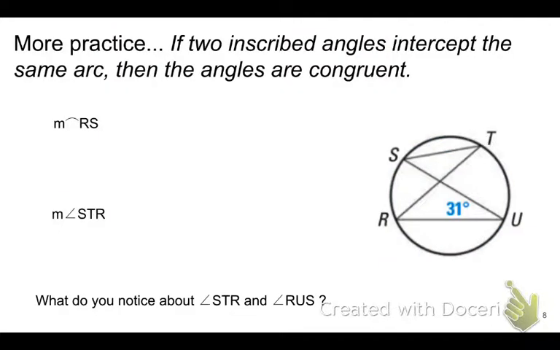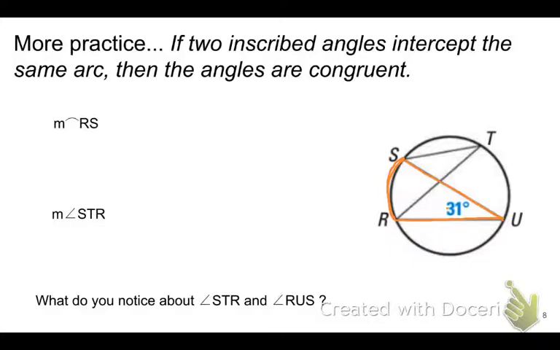Okay, so let's do a little bit more practice with these. First we want to get the measure of arc RS. So where is that? That is right here. So that's the arc, the inscribed arc. This is its angle, and lo and behold, its angle is 31 degrees.